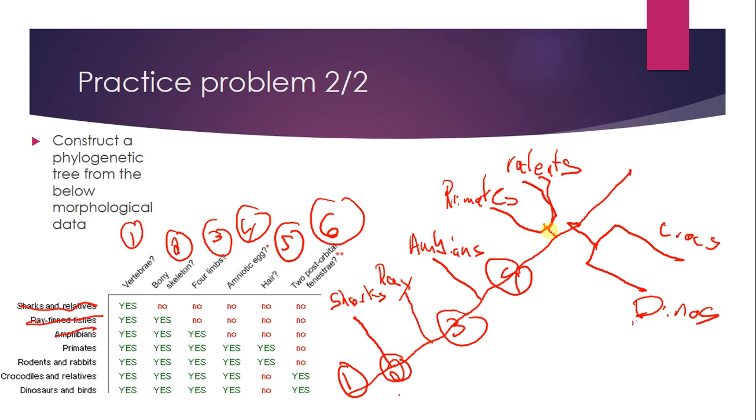And we'll have 5 be right here and 6 be right here. So that's how we would assemble a simple cladogram, something kind of like that. There are many ways we can make it look, but that might be one example of a cladogram. We're going to have more practice and go through some more cladograms and phylogenetic trees next time.